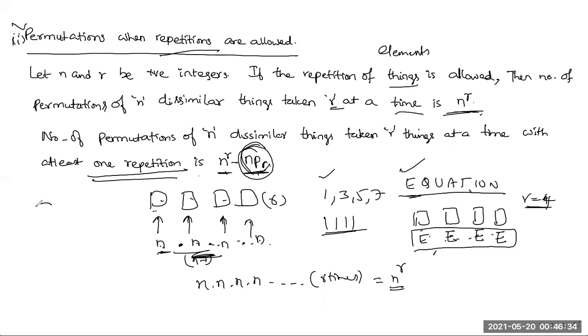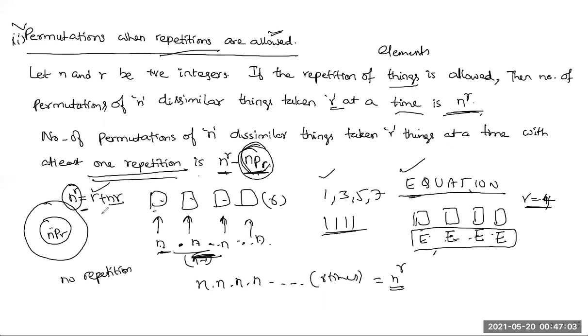So suppose you consider this is total n power r and this is nPr. Okay, so in the nPr, there is no repetition. So n power r is everything, repetition plus non-repetition, because the repetition is allowed, it's not prohibited in this one. So non-repetition also will be there, repetition also is allowed.